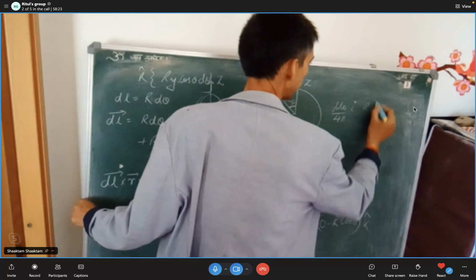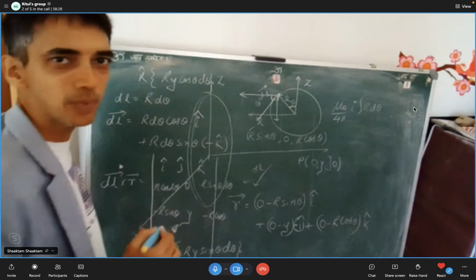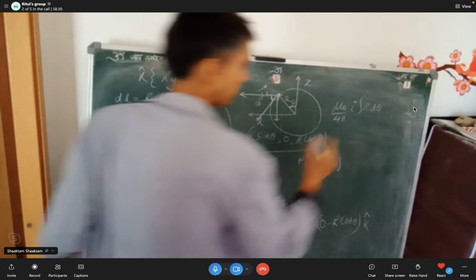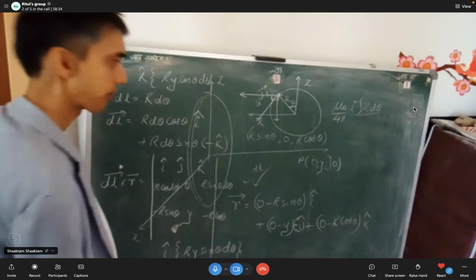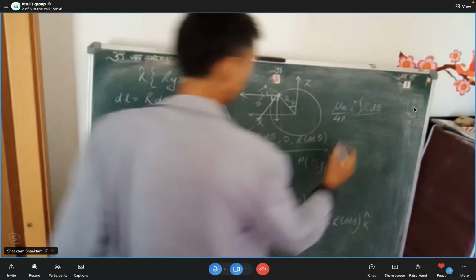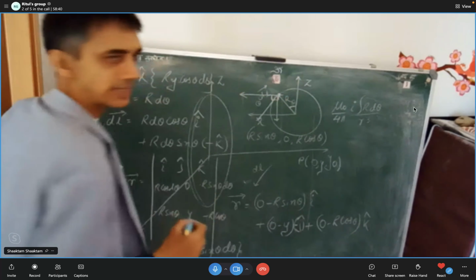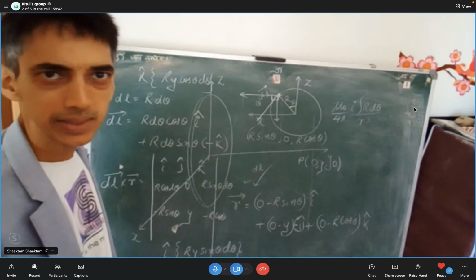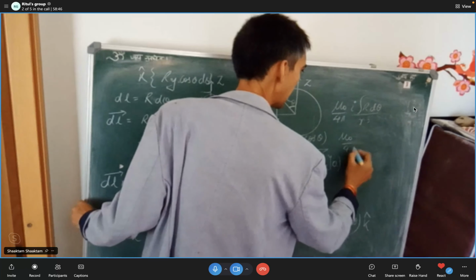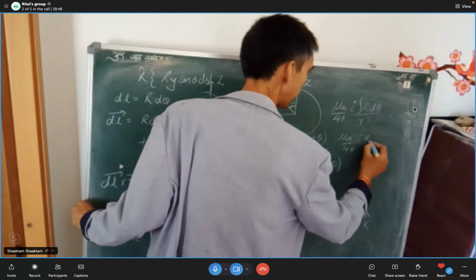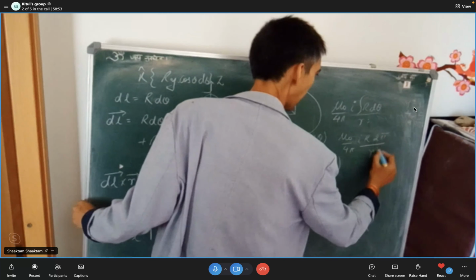So r d theta, minus j cap direction is not material now. Divided by, what do we write? R cube? Yes, sir. Divided by r. This is what we are getting, integrated, 2 pi. Mu naught by 4 pi, I into r into 2 pi divided by r.